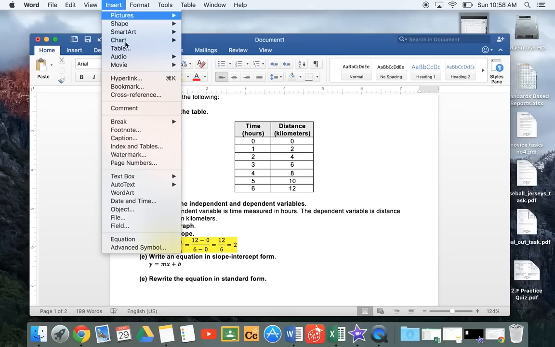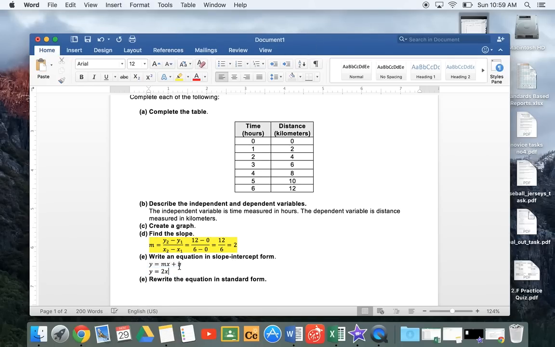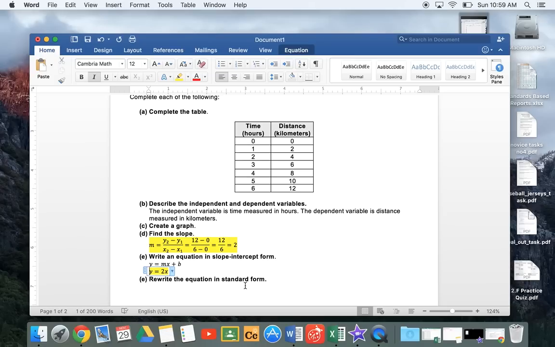And then I just pulled information out of my table. So y equals the slope that I just said was 2x. And it's plus 0. We don't normally write that, so I'm not going to put that. It's just going to be y equals 2x. And that's the meat of my answer right there.